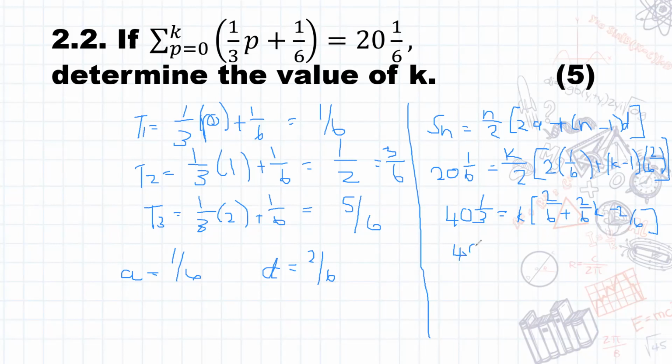So we have 40 and 1/3 is equal to k times, and here we've got 2/6 minus 2/6. So that actually cancels, and we're left with just 2/6 times k. And if we simplify that, we get 40 and 1/3 is equal to 2/6 times k squared. Right, so now we need to get rid of that 2/6. So we're going to multiply 40 and 1/3 by 6/2, or essentially 3.